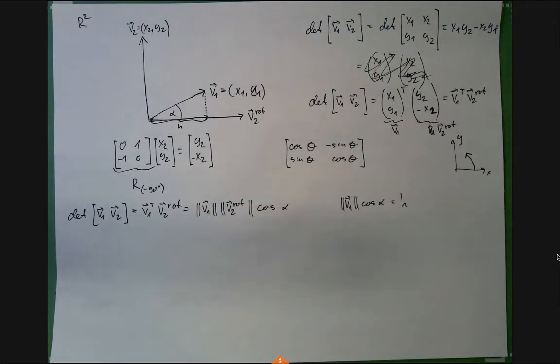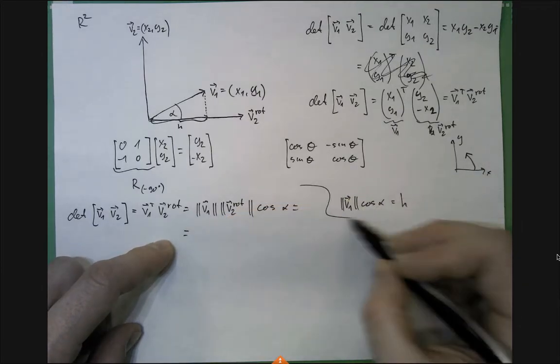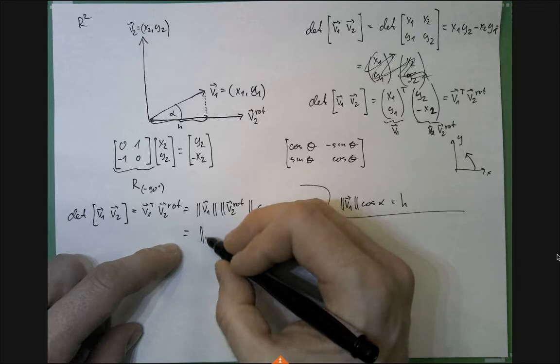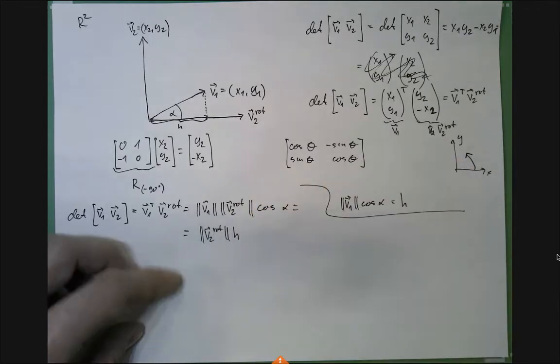So let's call it h, for example. So that means that what we have here is the norm of V2 rot times h, right?